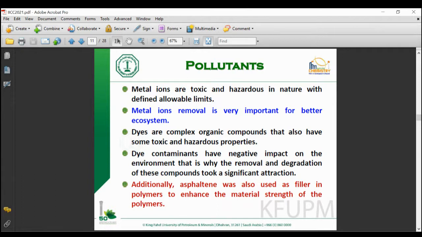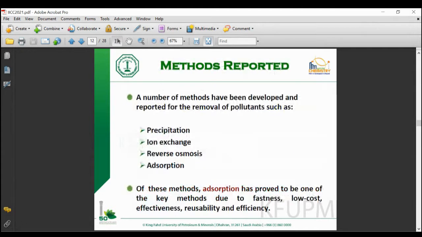At the same time, I also use this asphaltene as a filler in polymers, because people use carbon and other nanomaterials to increase the strength of polymers. It also afforded good results: the mechanical strength of the polymers can be increased using these asphaltenes.